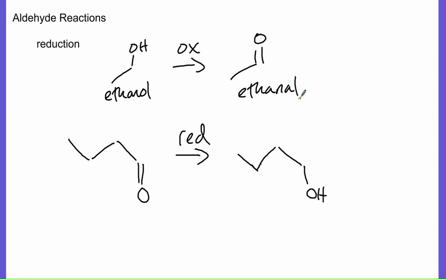So there's a reason why people still use those common names for aldehydes, where I'd call this acetaldehyde instead of my ethanal name, because it's just easier to differentiate between the ethanol and the ethanal now. That acetaldehyde sounds nothing like ethanol, so it's a little easier to remember which thing's which.